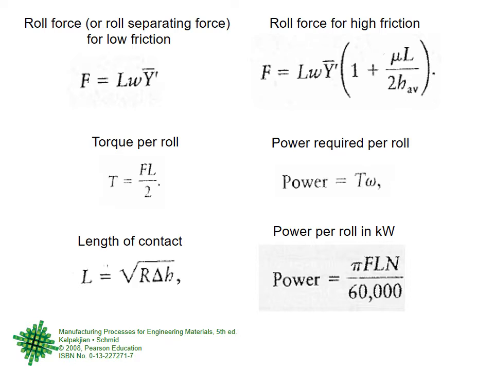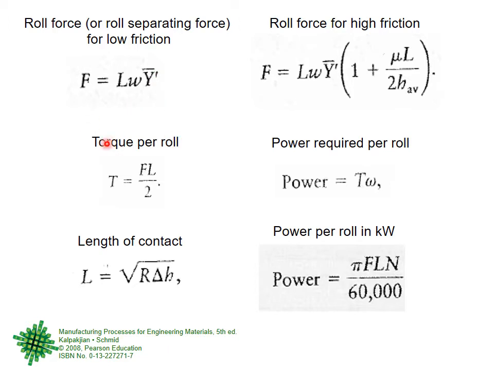So here also, for low friction, as long as friction is low, the roll force is L W Y bar dash. L is the length of contact, not length of the roll, length of contact, and W is the width, remember. Y bar is the average flow stress, and dash is because of plane strain.